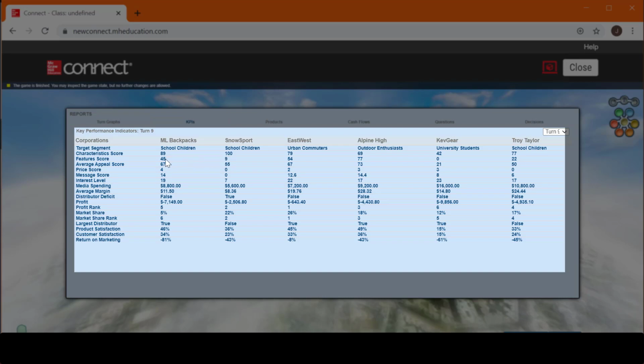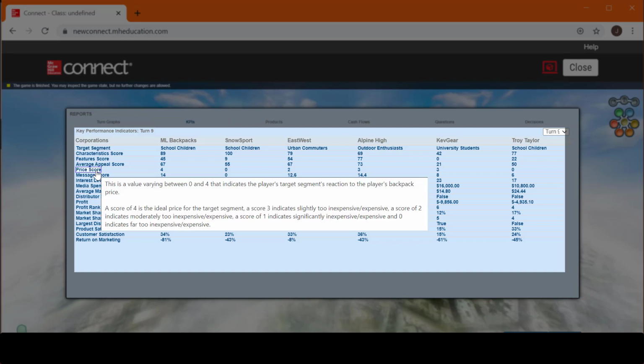So I've got stuff on there that they probably don't have on there, but they may have chosen not to do it to save money. You can dig into that data and really look at the backpacks and try and see why you got the scores that you did. The average appeal score takes those two numbers and averages them together, so you have an idea overall between characteristics and features, how well your backpack was rating in your target market.